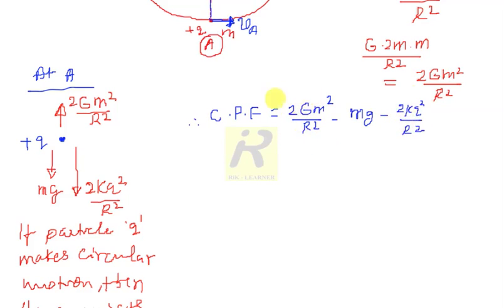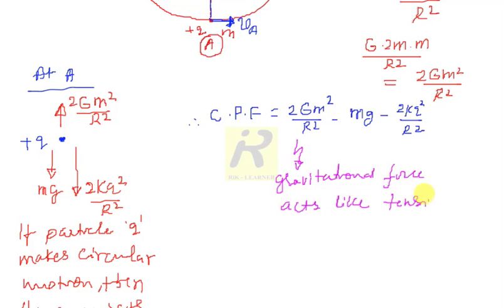Here the gravitational force will act like tension. Let me mark it here. So this force, gravitational force, acts like tension, right? So tension. Therefore, centripetal force will be m, the mass of the particle which is revolving, vA² divided by radius r. vA will be the velocity here.